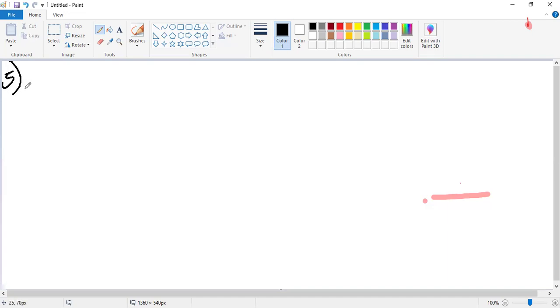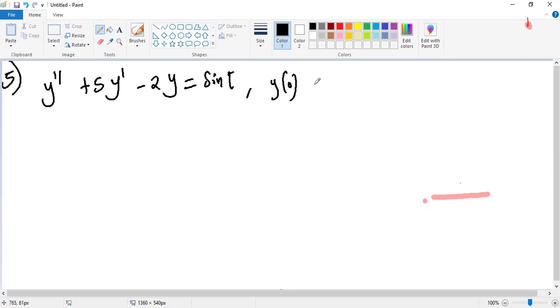I don't know which example number it is, so let me just assume it's that. So y double prime plus 5y minus 2y prime is equal to sine t, given that y of 0 is equal to 4 and y prime of 0 is equal to 12.